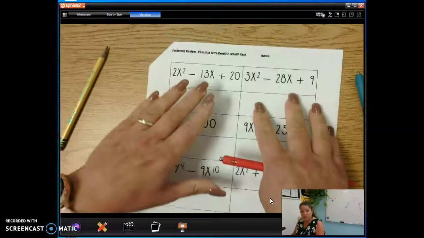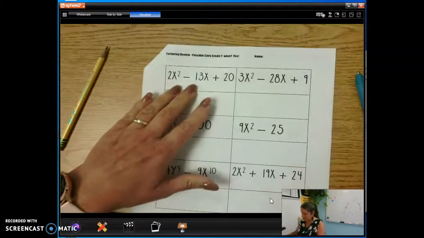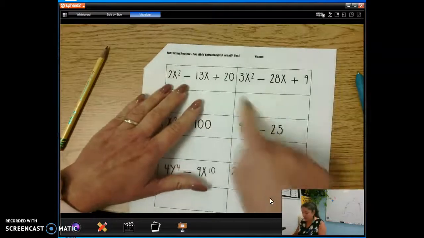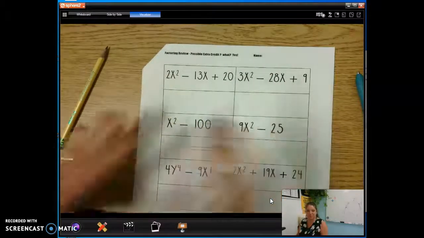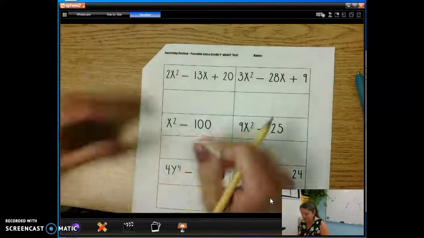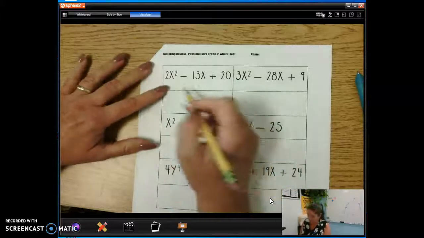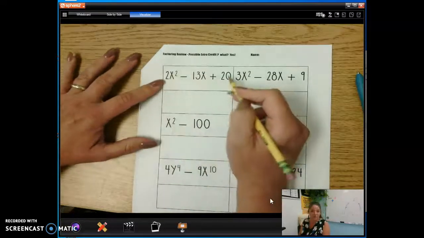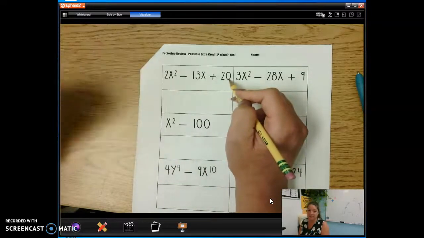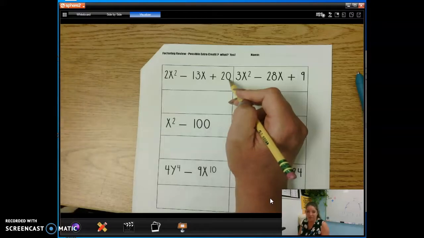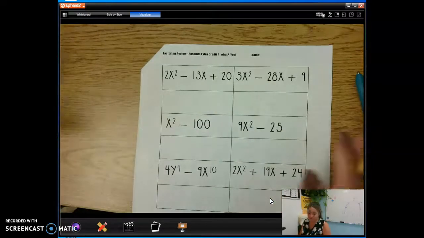I'm actually going to go do this next one with you again and only leave one of them for you, but I just want you to see how it kind of works one more time, okay? I'm not even going to bother, holy bananas, we're looking at 20 and 1, 2 and 10, 5 and 4. I could be here all day trying to guess and check, and I don't have time for that.